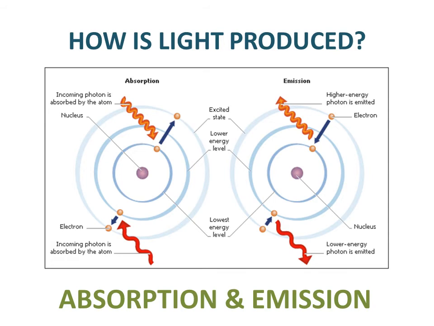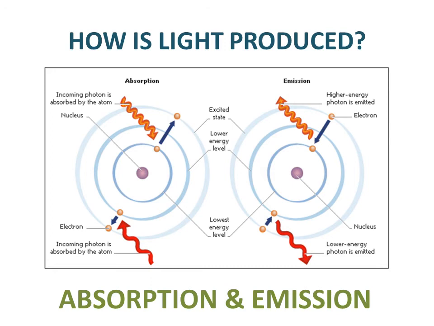Whereas on the right side, you can see the reverse of this process. Similar to the previous one, if you look at the red color photon, what happens is that initially the electron is in the third orbit, the electron which is drawn near the red color photon.